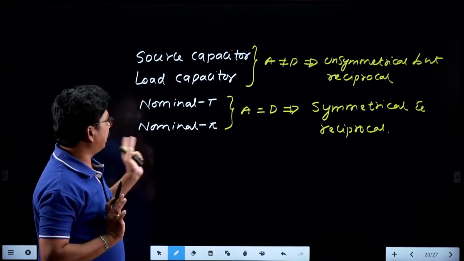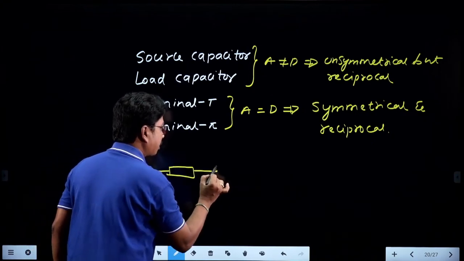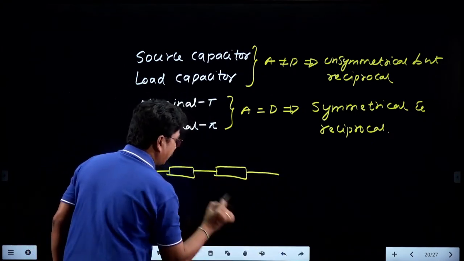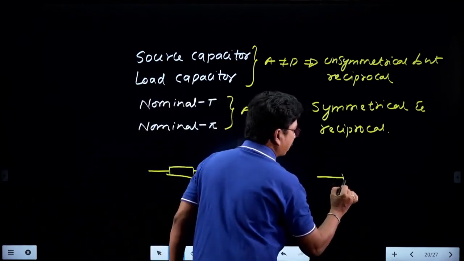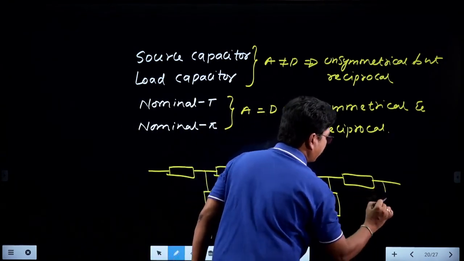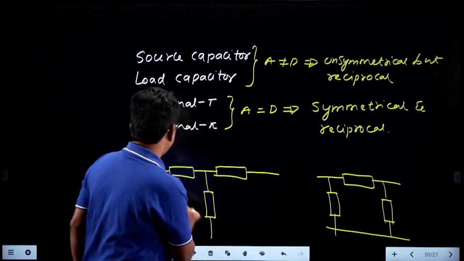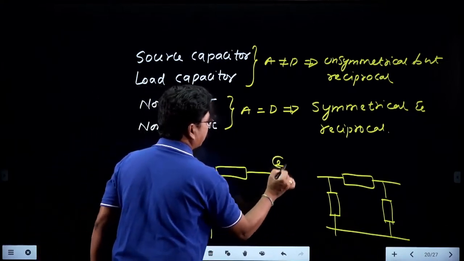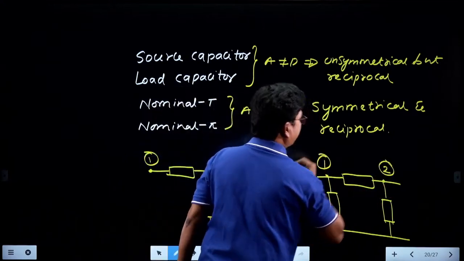If you want to select between these two: this is the T network representation, where we are connecting the capacitor value, and this is the pi network representation. If you see, this is the first bus and this is the second bus.